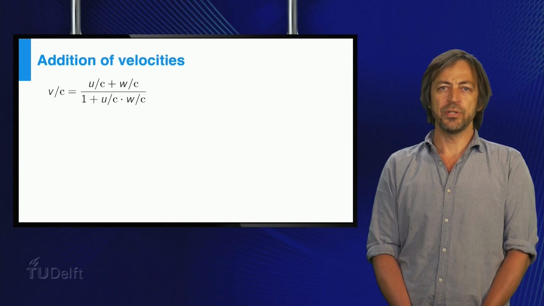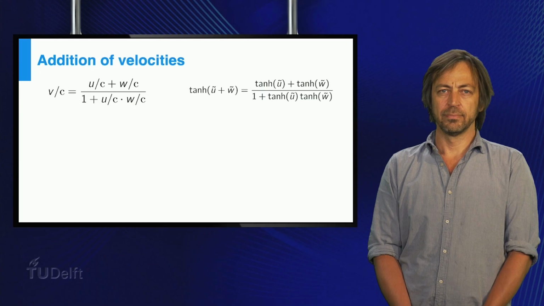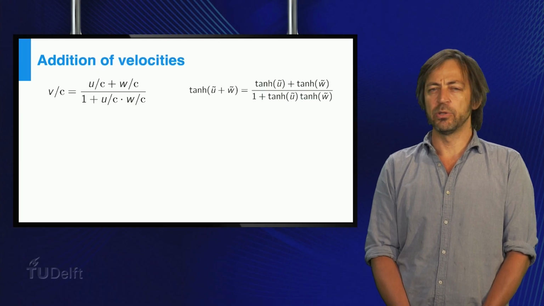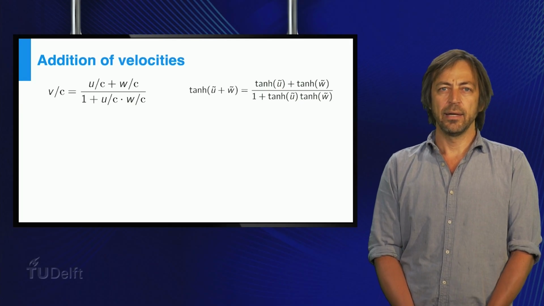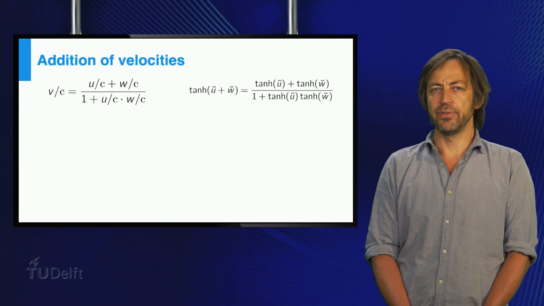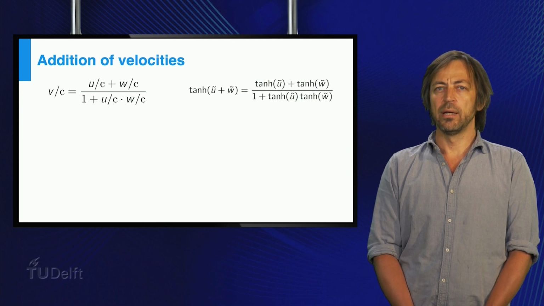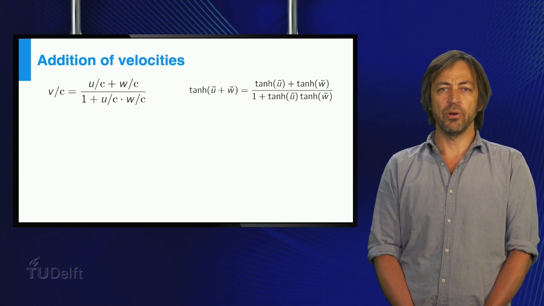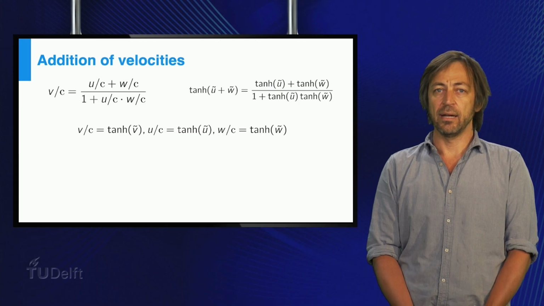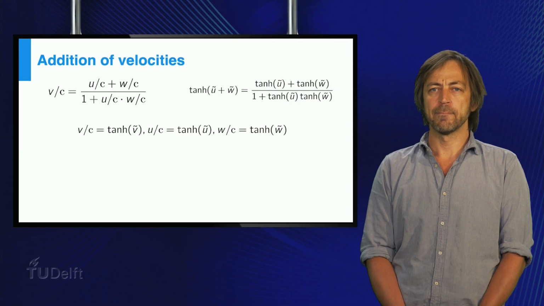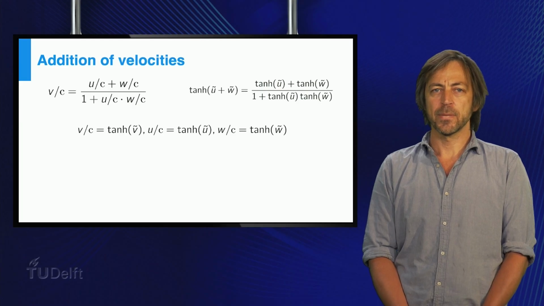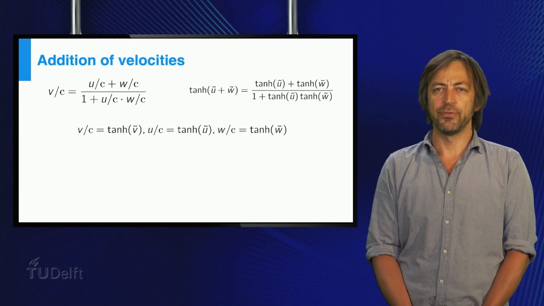Take a look at the addition formula for the hyperbolic tangent. As you see, the formal similarity between the two is striking, and this suggests the following idea. If we substitute the relative velocity v over c in the first formula by the hyperbolic tangent of a yet unknown quantity v tilde, and likewise for u and w, and substituting, we obtain the following formula.